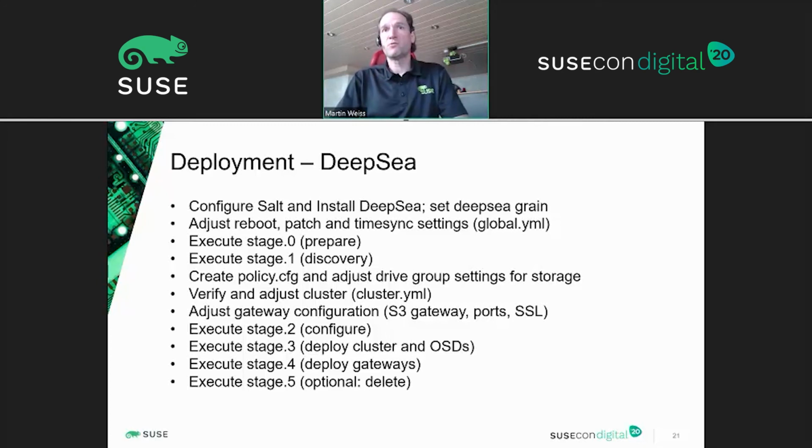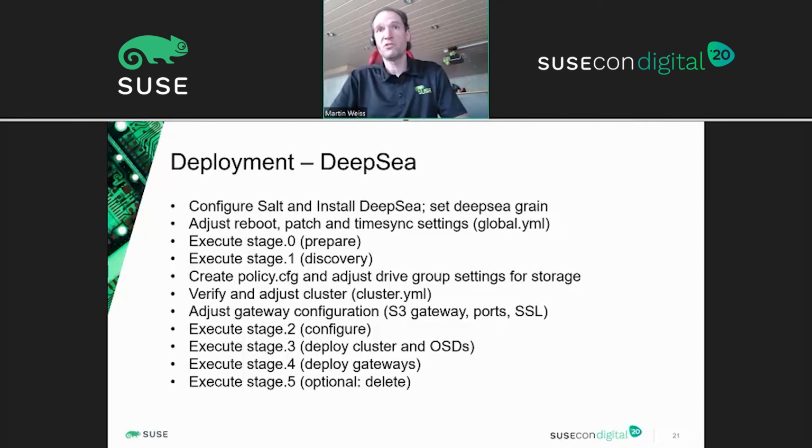And then we just run through the DeepSea stage 0, which prepares the infrastructure and deploys the minimal set of RPMs that we need. Then we execute stage 1, which analyzes the systems. And after that, we configure the policy.cfg, which basically defines which components should be deployed on which server.